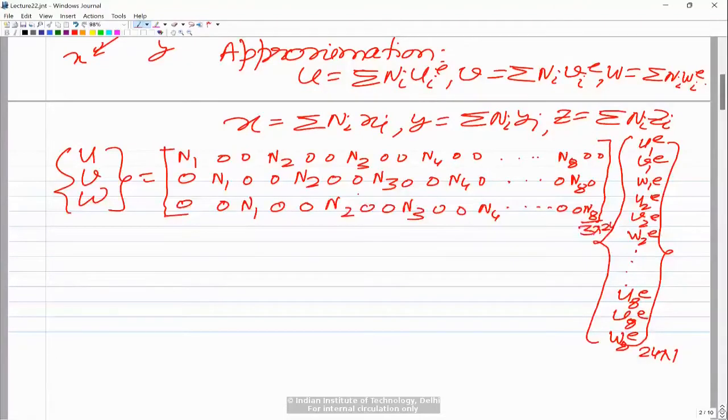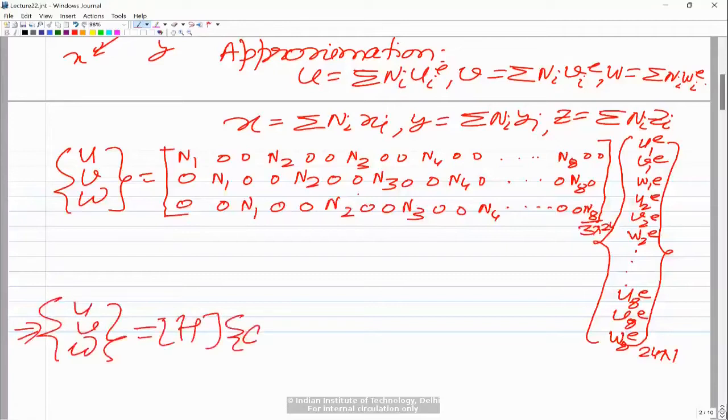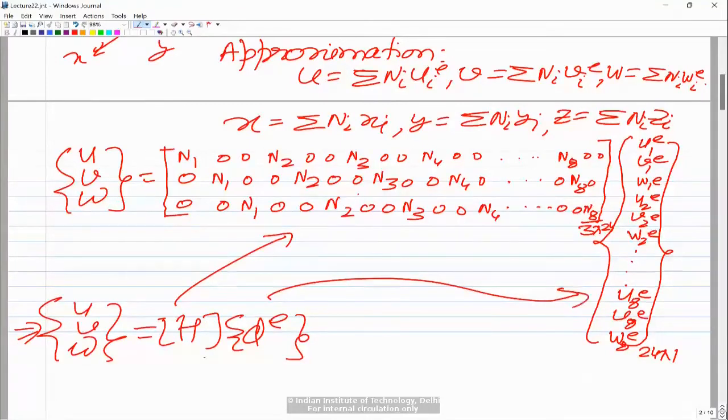So you can write this UVW interpolation as H matrix times the vector of elemental degrees of freedom de. H is this and de is this. I have already said this is 3 by 24 and this is 24 by 1.